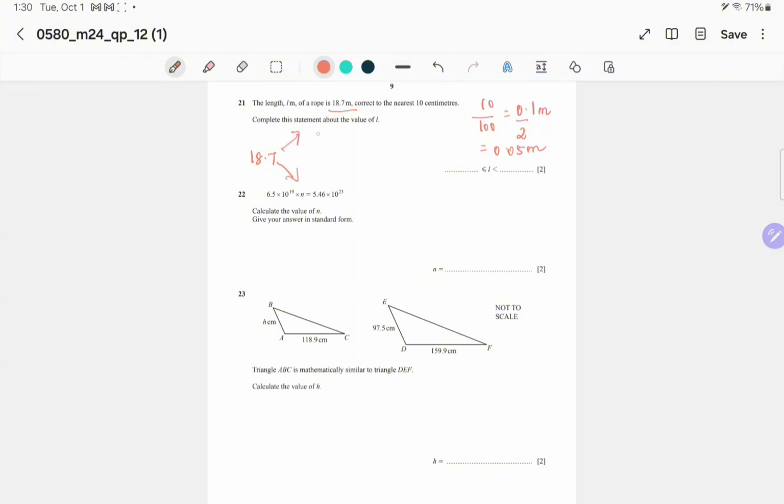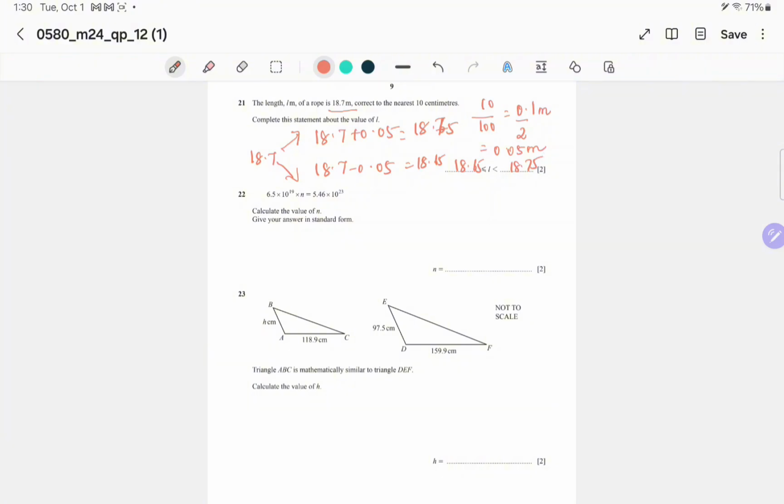The upper limit is 18.7 plus 0.05, and the lower limit is 18.7 minus 0.05, which is 18.75 and 18.65. So the answer is 18.65 to 18.75.